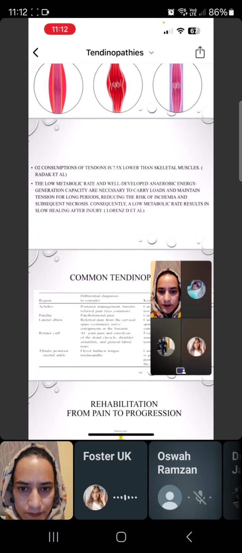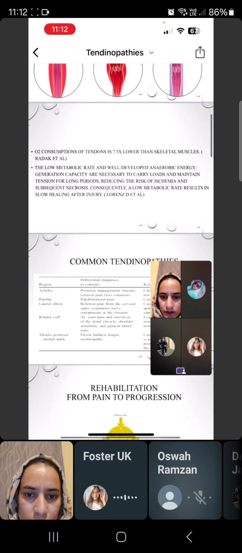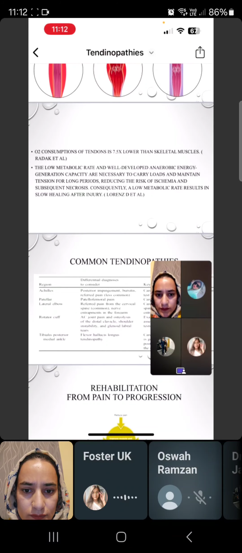Okay, right. So when we're talking about oxygen consumption of tendons, it is 7.5 times lower than skeletal muscle itself. So compared to a muscle belly, the blood supply of a ligament and a tendon is 7.5 times lower. Hence, the healing would be slower as well. Because of the low metabolic rate, but actually why?